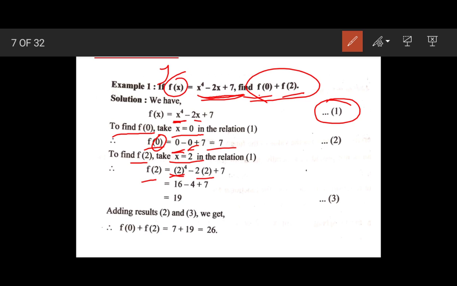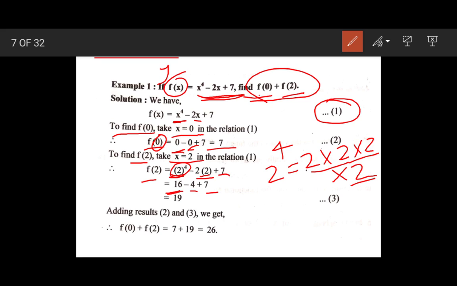Then 2 square means 2 into 2, so that is equal to 4. Minus 2 into 2 is 4, plus 7. So that is equal to 4 minus 4 plus 7, which is 7... okay. So f of 2 is 7.